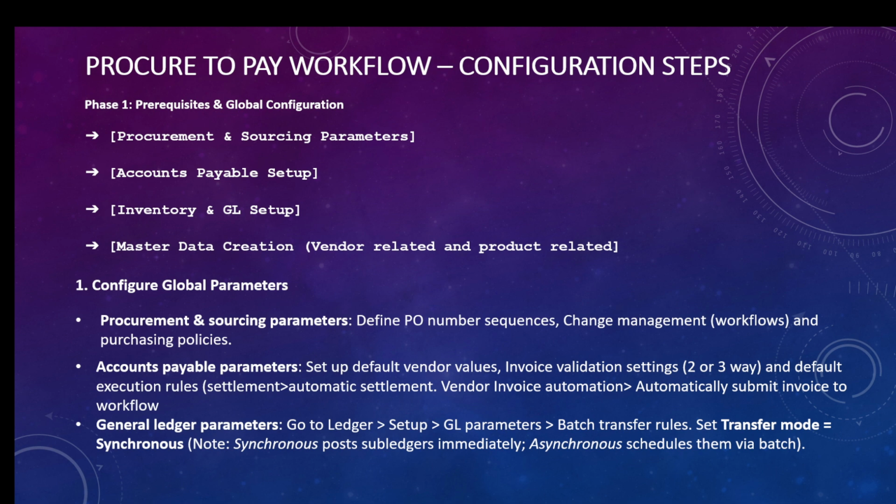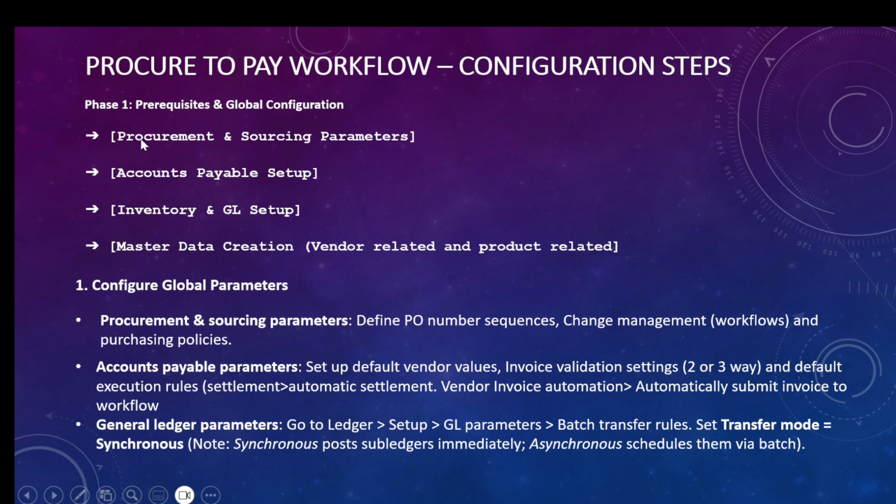It has got automation as regards to invoice, and it has got rules, execution engines. All these are set up in the application as part of the configuration exercise. Okay, now I'm going to share these steps and then perform those steps in the application then and there.